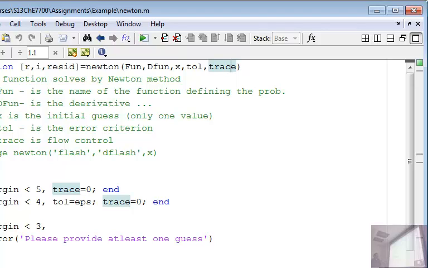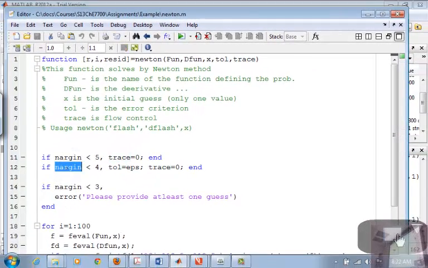I put a set of comments in lines 2 to 8, and in line 11, I say if the number of input arguments is less than 5, I can provide up to 5 input arguments. But if I choose not to provide one, that means I have not bothered to specify trace. Then it means I'm not interested in printing out every iteration, so I set trace equal to 0. NARGIN is a built-in function.